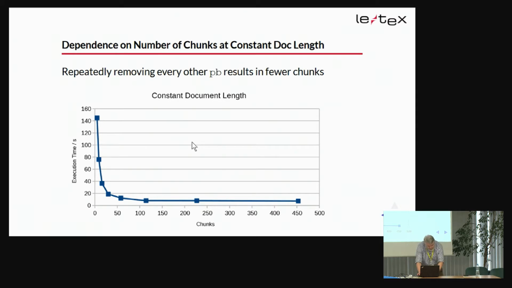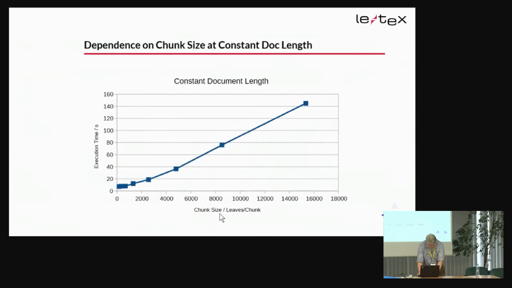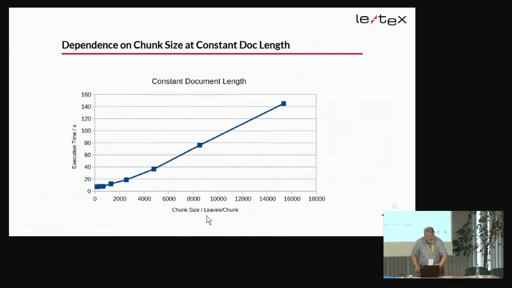And if we choose a different display, not the number of chunks on this axis, but the chunk length in terms of leaf nodes per chunk, then we see it grows linearly with chunk length, at least in this region.